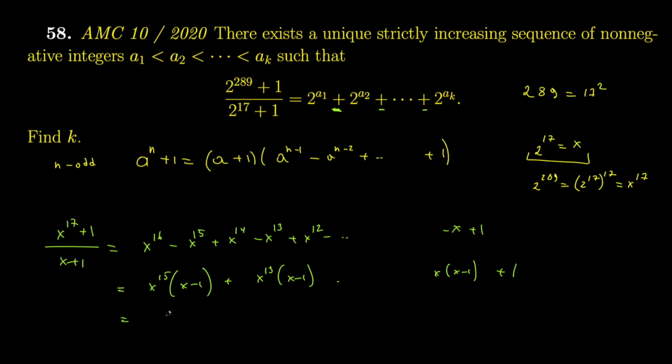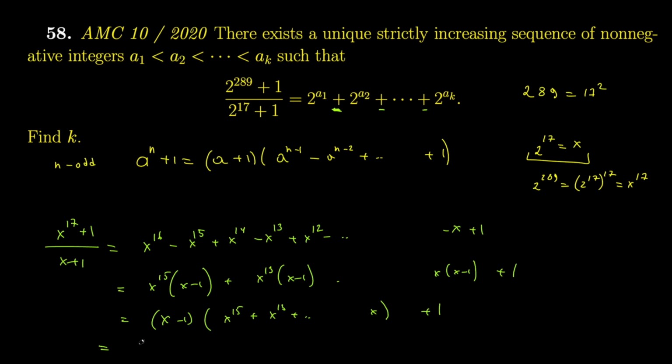So basically what I have here is x minus 1 times x to the 15 plus x to the 13 plus, and all odd powers up to x plus 1. So what we can do here is replace.